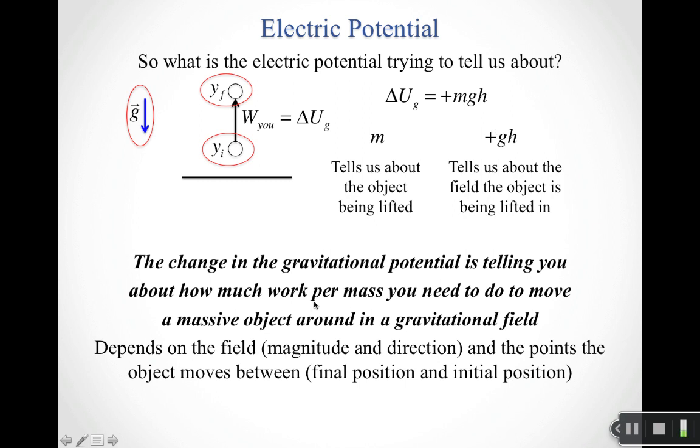So we think of that as the work per mass, because basically we're saying I'm getting rid of this piece. So my work is here, but I'm getting rid of that mass term because I don't care. I don't want it to matter whether I'm moving some small light object or some large heavy object. I just want to depend on my location within the field and how that's changing.